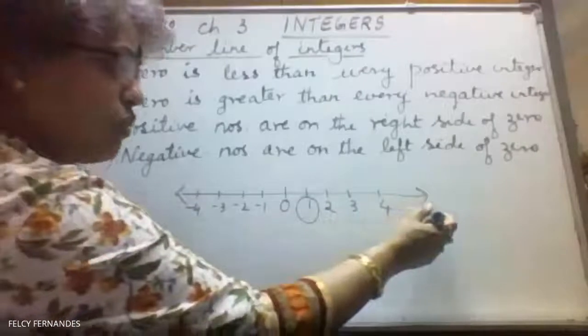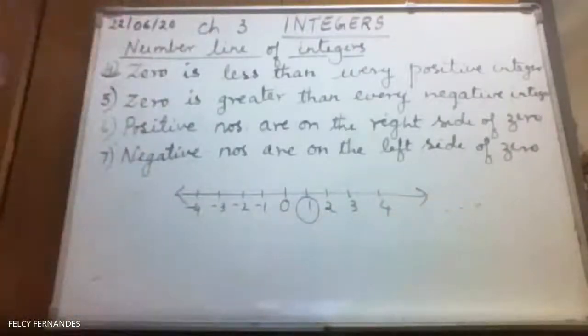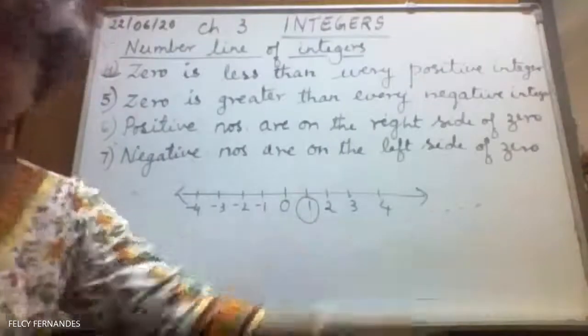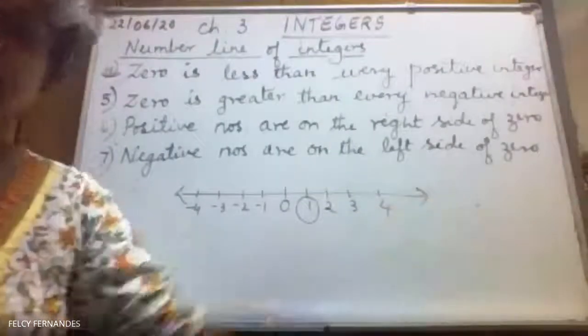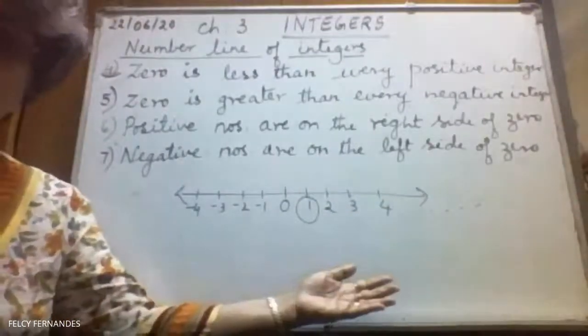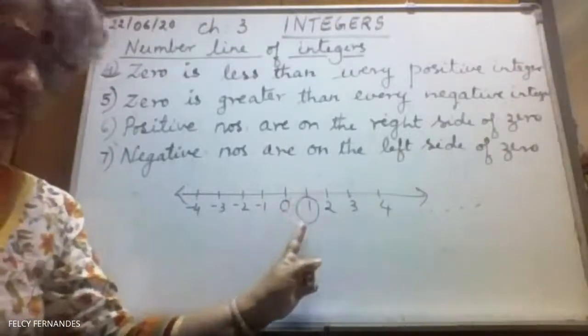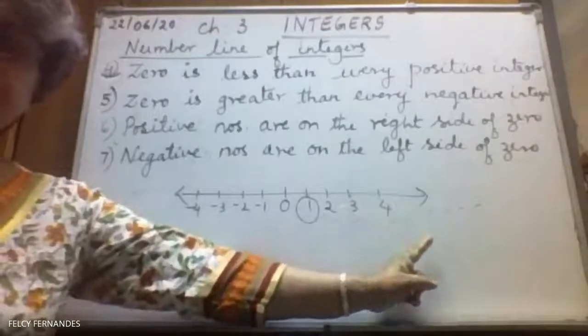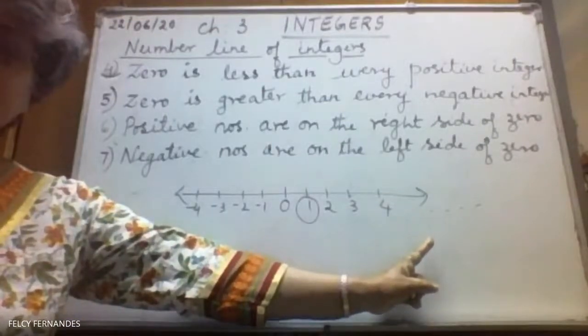But there is no greatest positive integer here because it will go on and on. It has successors.